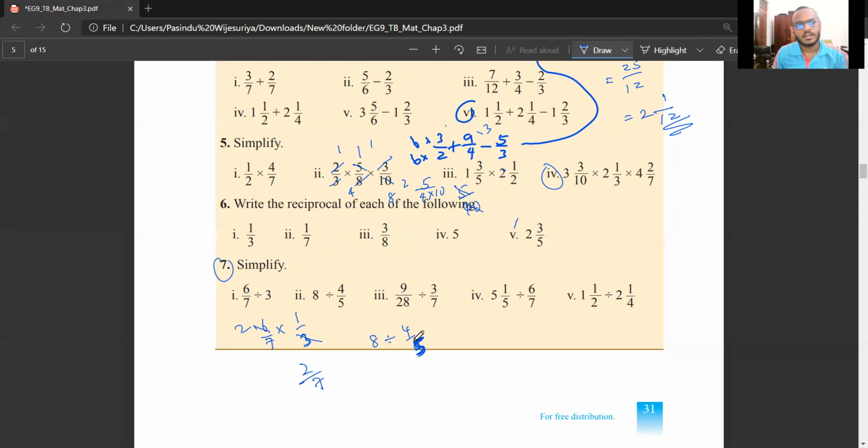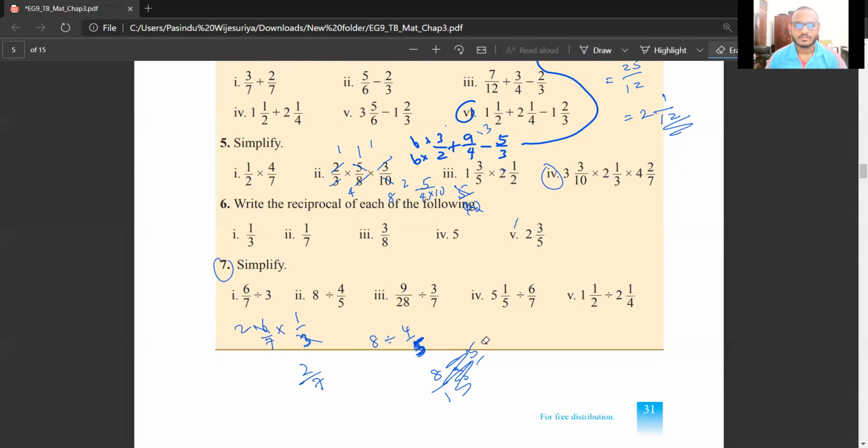Yes. Then how you do it is you put the reciprocal. So this is 8 over 1 divided by 5.